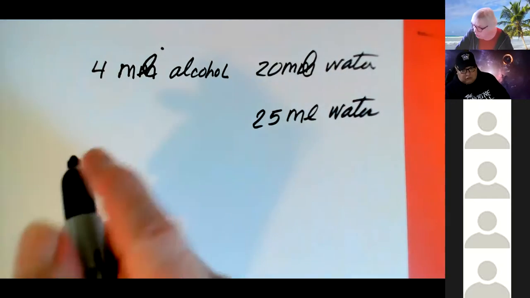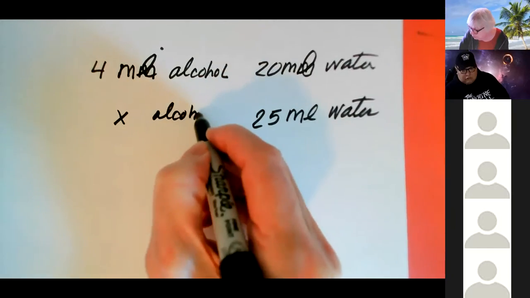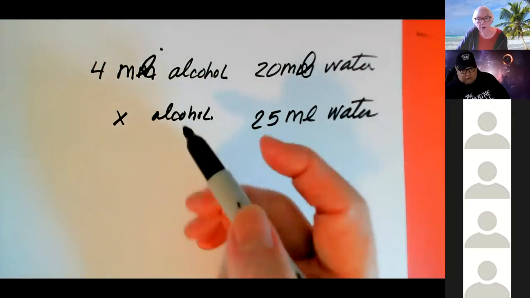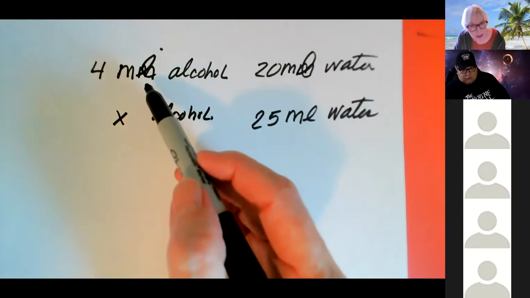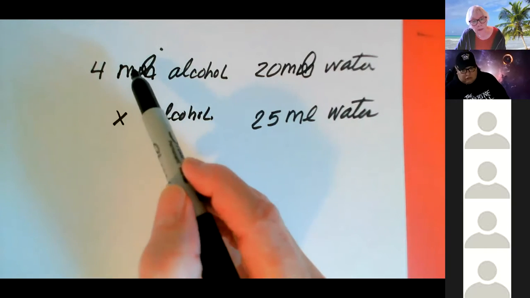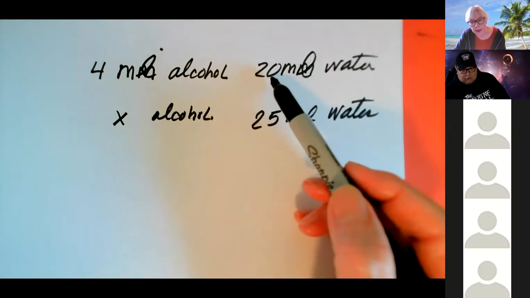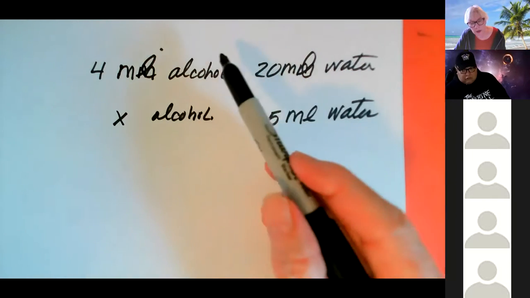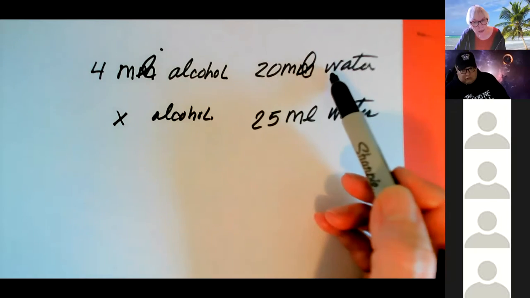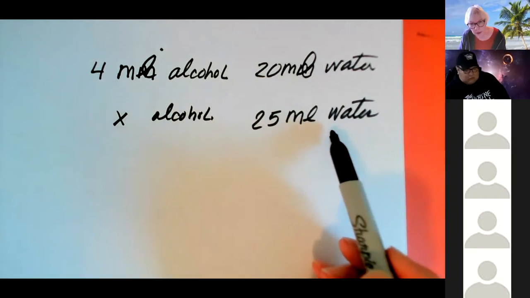Question, how much alcohol will it contain? I saw that as millimeters and it's milliliters because it's liquid. So 4 milliliters alcohol contained 20 milliliters of water. So it was diluted down like that. How much alcohol for 25 milliliters?